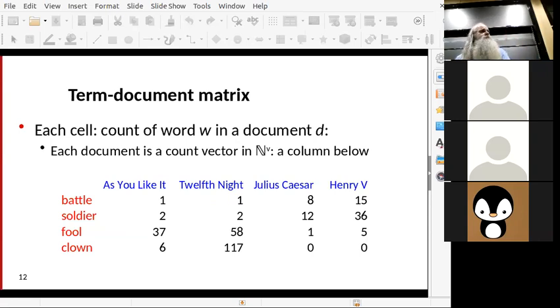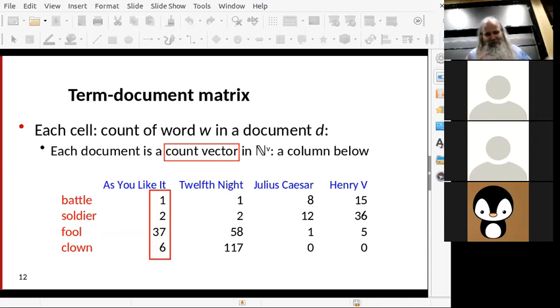Even if you don't know what these plays are about, you can probably already see some pattern, that words like battle and soldier are more common in Julius Caesar and Henry V than they are in the other two, while fool and clown are more common in the other ones. That's something that's actually useful. We're going to make use of that. So that count vector is actually telling us the number of words.